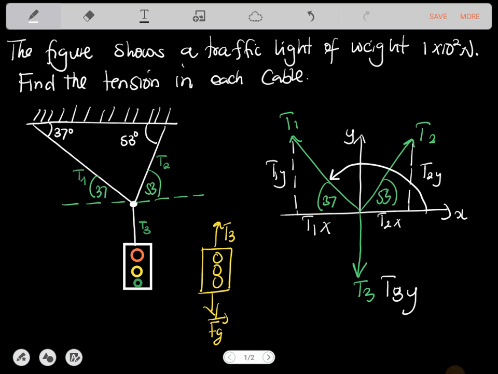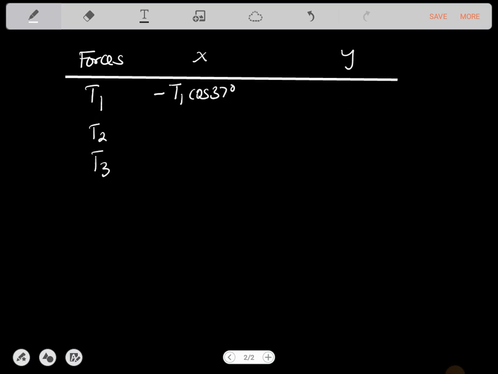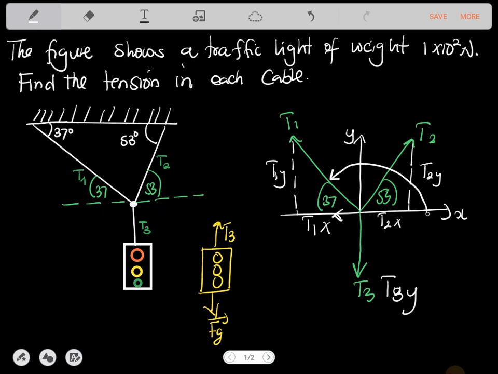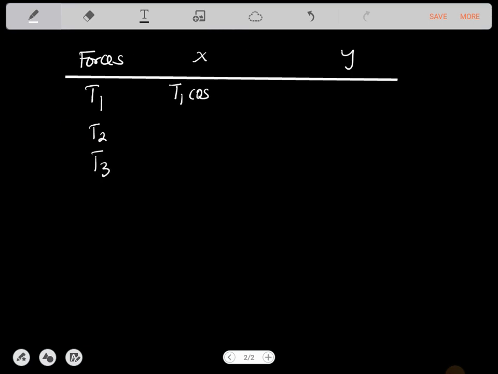Another way you can know that it's negative is to look at how the forces are going. Where the arrow is pointing, it's negative, so you add a negative here. Or if you don't want to use this, just get the angle from the positive X-axis. From here to here it's 180, so 180 minus 37, you get 143. So just put cos 143 if you are getting an angle from the positive x-axis.